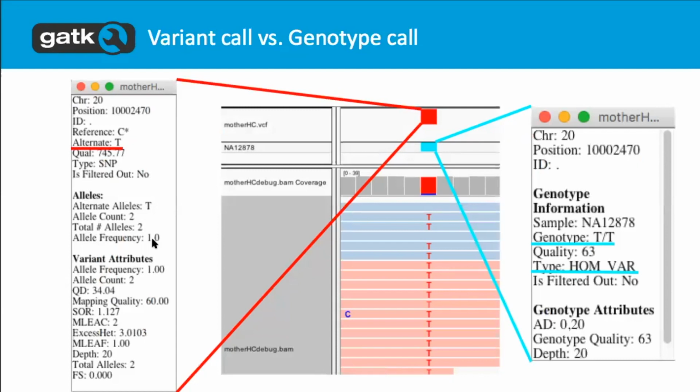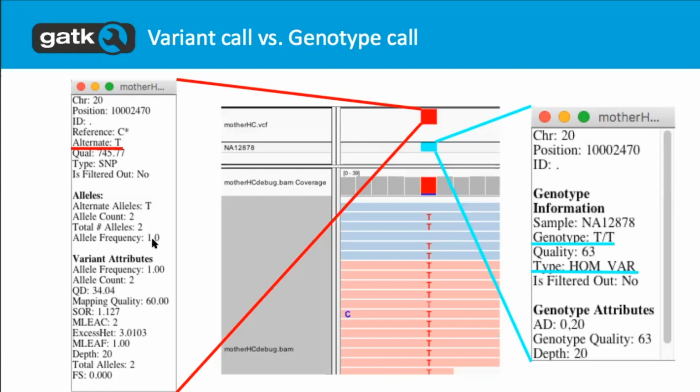So let's make sure we agree on what this means. The variant call itself is just at the high level across a population of 1 or more samples. What are all the alleles that have been identified at the sites across the population, and what are the parameters of this variant?